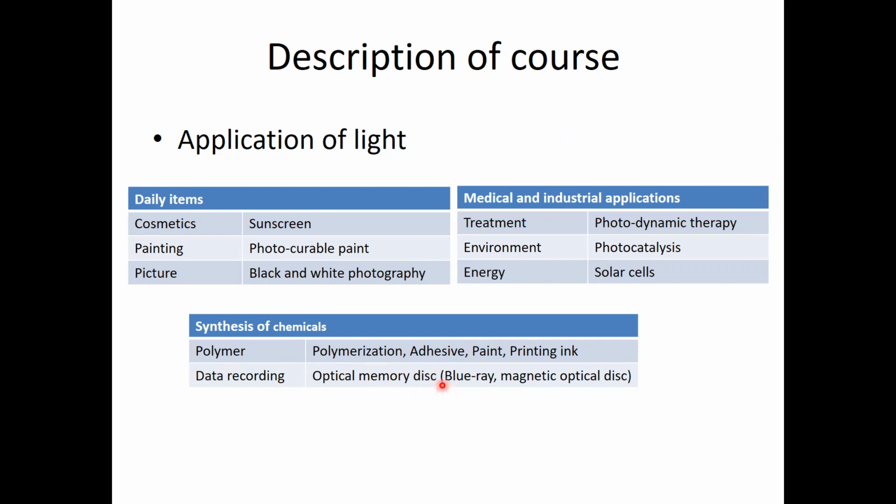Possibly you know Blu-ray, where blue light is used for recording information. So in daily life, we use various photochemical reactions in the processes. Okay, that's it for the introduction of spectroscopy and photochemistry.